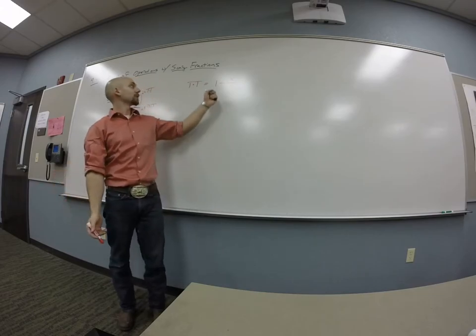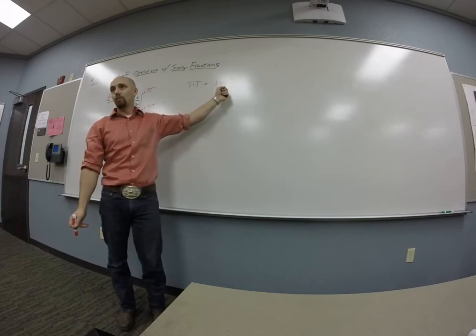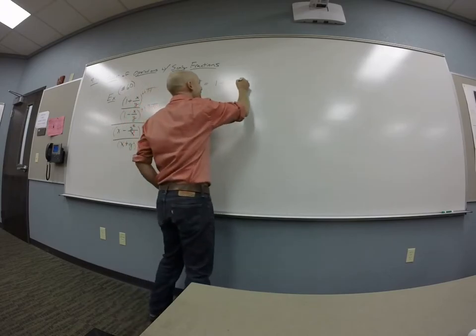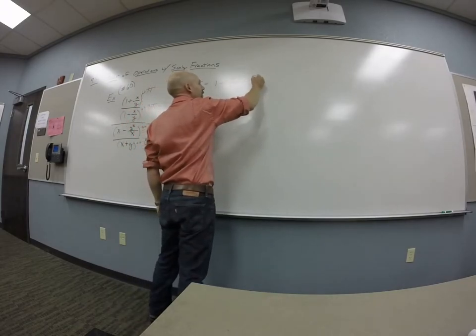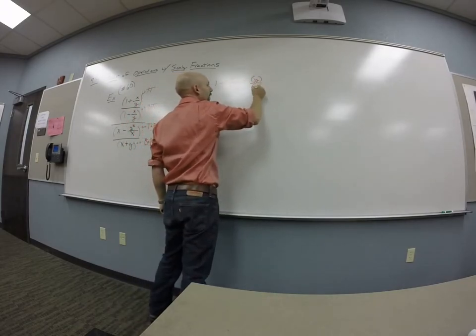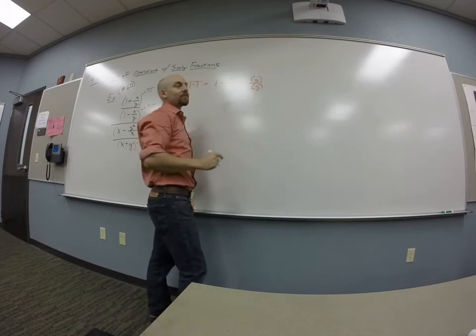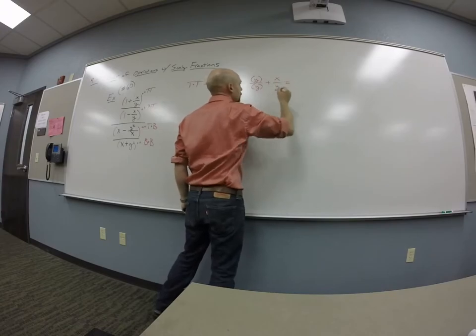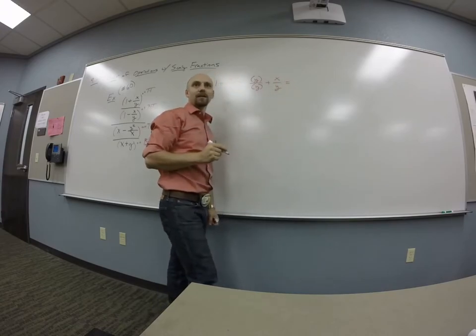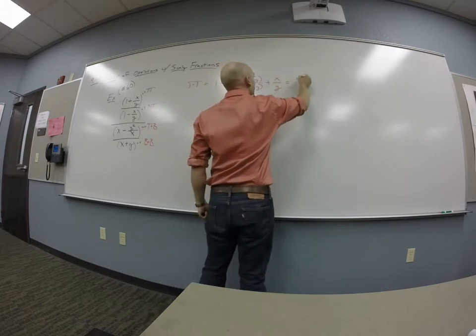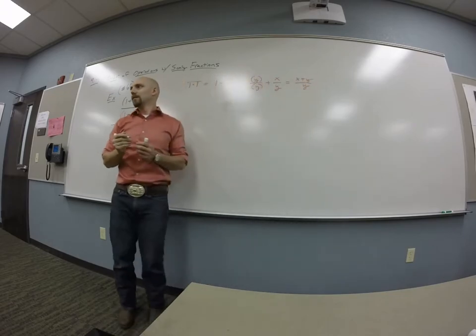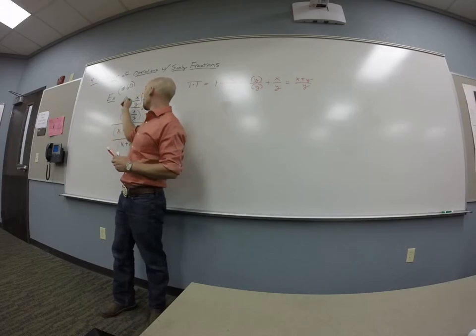The common bottom is y. So I take my 1 and multiply it by y over y. Then y over y plus x over y gives me x plus y over y. There's my simplification for the top of the top.